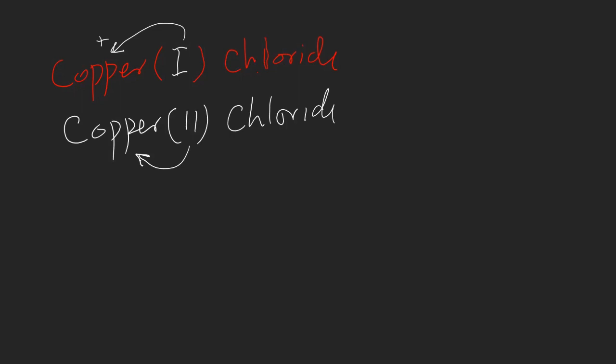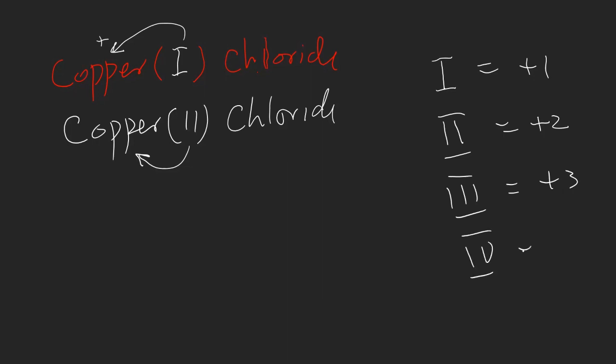Now, if you don't know Roman numerals, remember that this means the metal is +1, this means the metal for which this Roman numeral is being used is +2, this means the metal is +3, and this means the metal is +4. Normally we don't go beyond that.